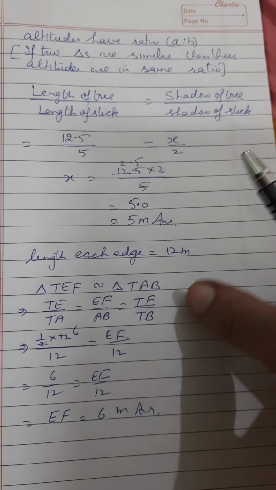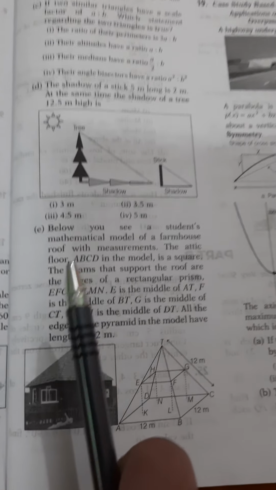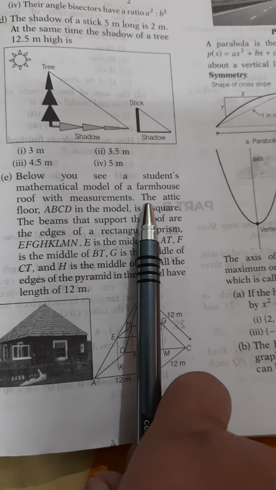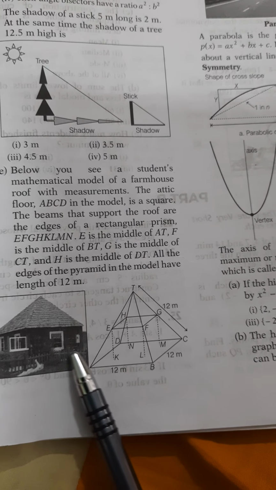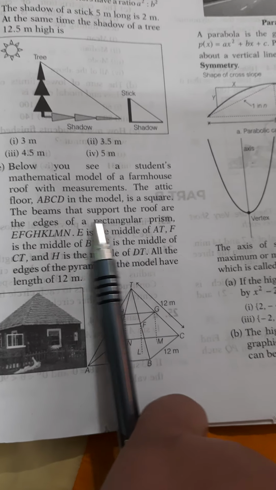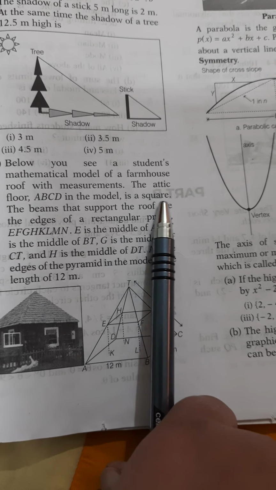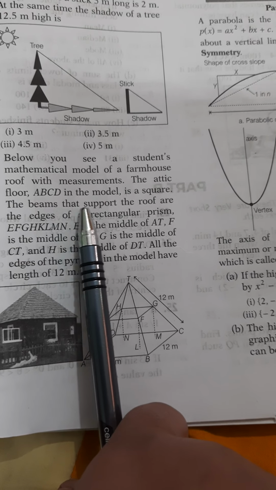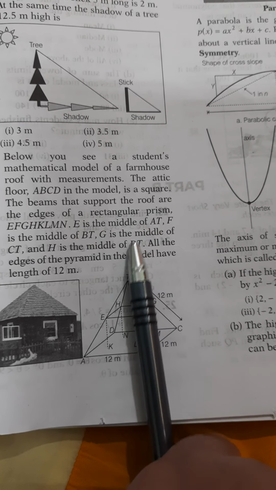Then the next question is the E part. See, this is the E part. Below you see a student's mathematical model of a farmhouse. This is the model of a farmhouse roof with measurements. The attic floor ABCD is modeled as a square.